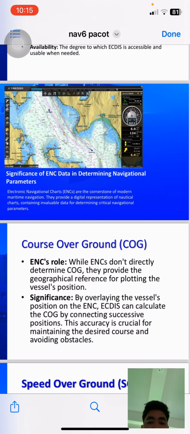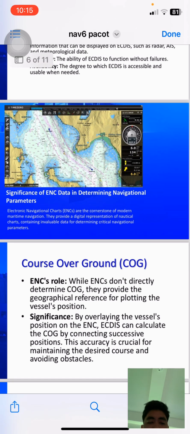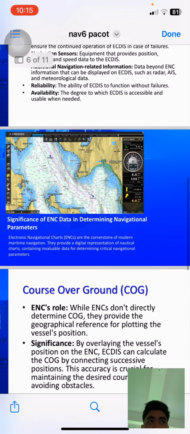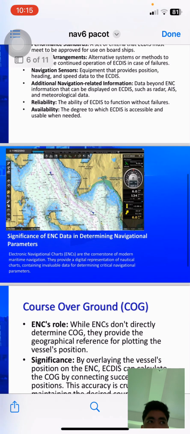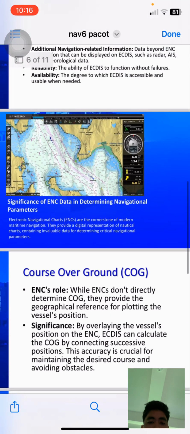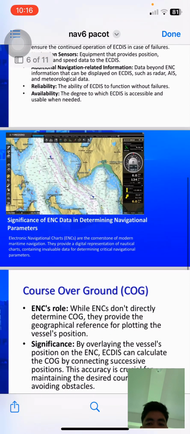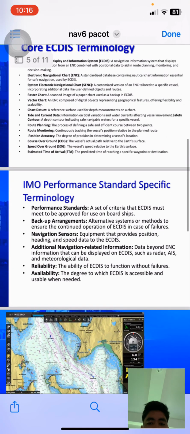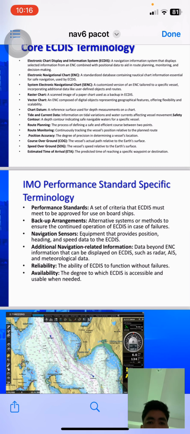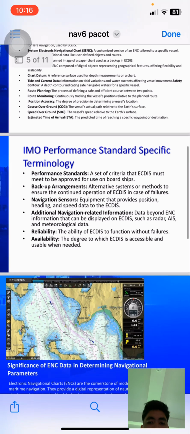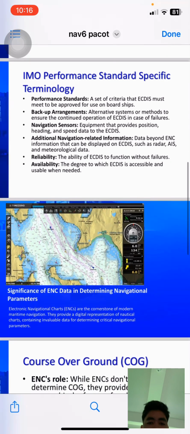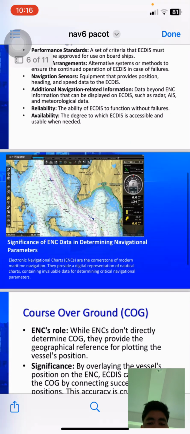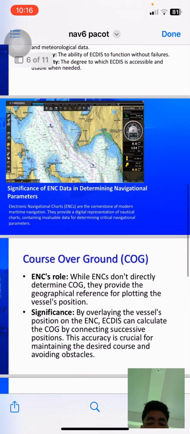By the use of advanced technology, we now have ECDIS that will help us to navigate safely, to ensure safety and to avoid risk of collisions.